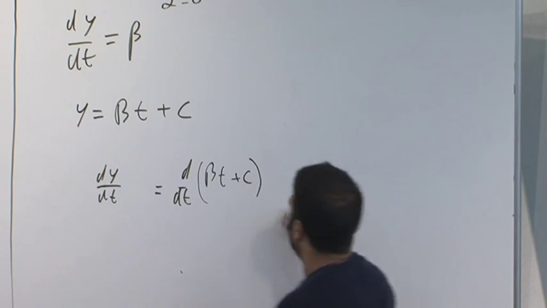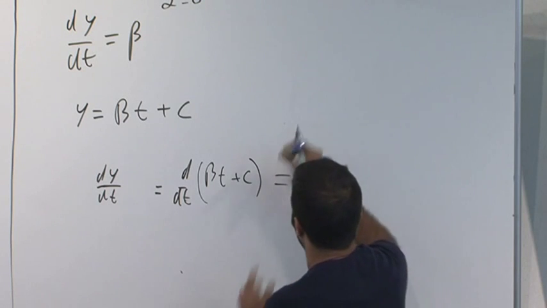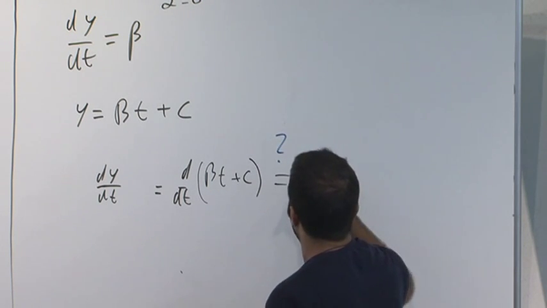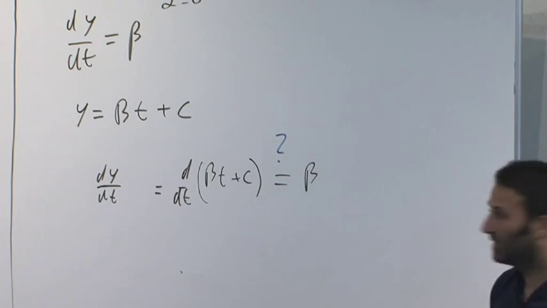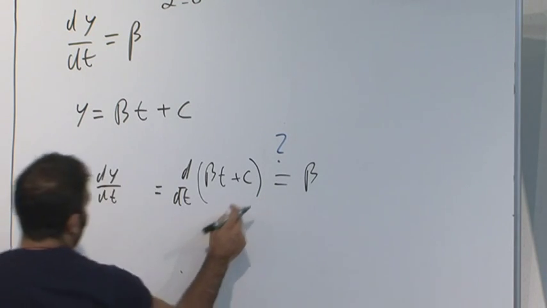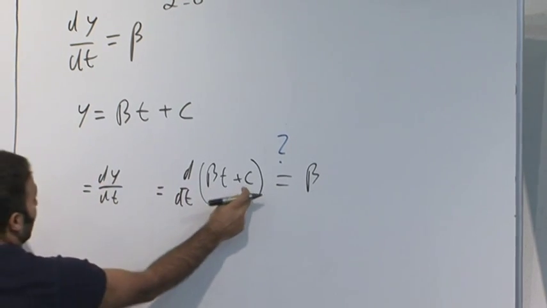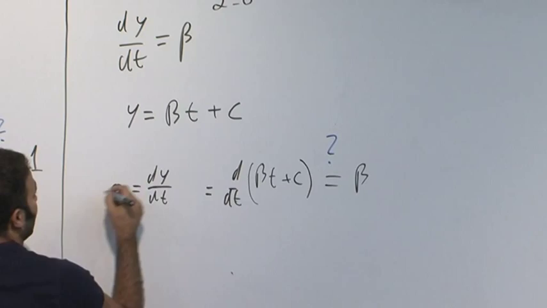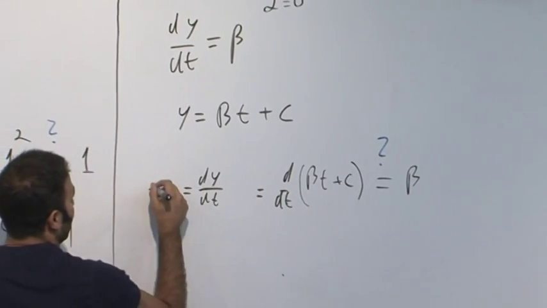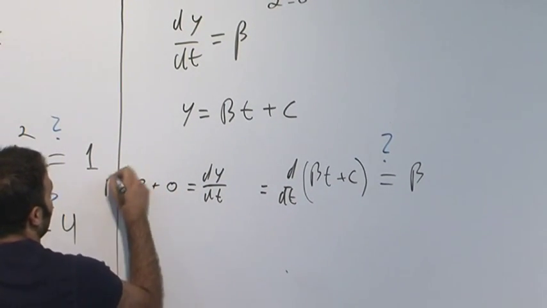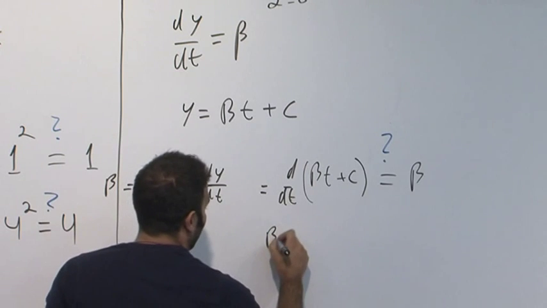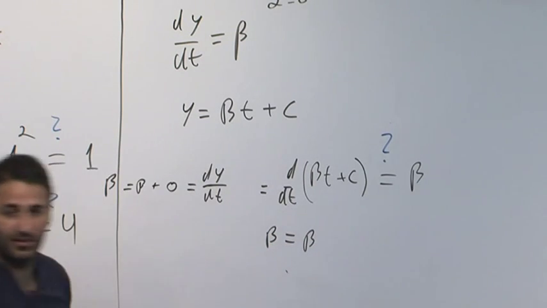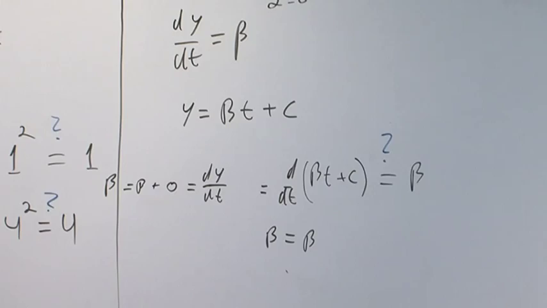I need to ask if it will be equal to beta. I know how to take the derivative of it. What is the derivative of a constant c? 0, right? And the derivative of beta t is beta. So we got beta equals beta. This is the solution for the equation. Okay?